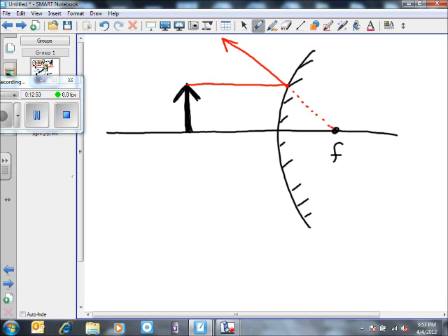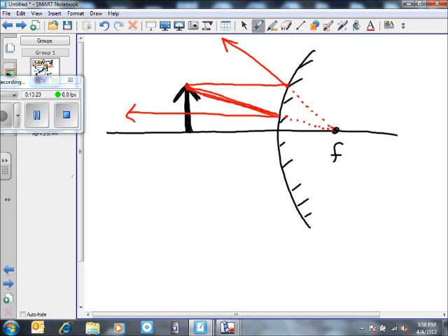And then the next line that I draw here, you can't really tell, but I'm actually lining it up with this. And the way I got that section is because I had my ruler going through that focal. And so I come in, and then I bounce parallel to the principal axis. And those are my two rays.